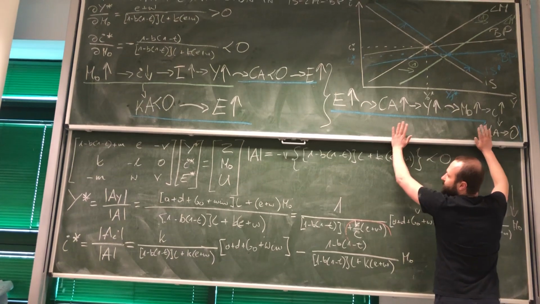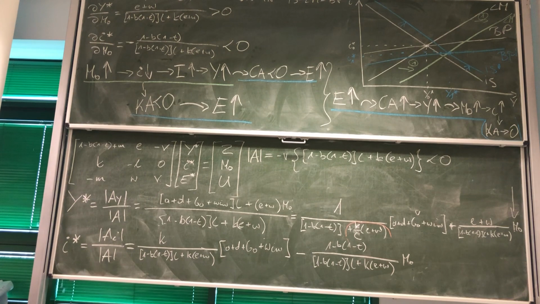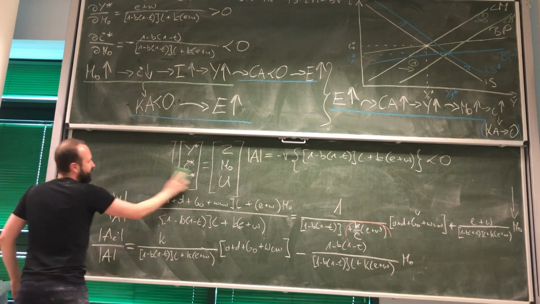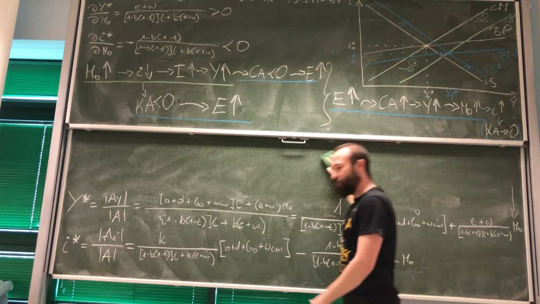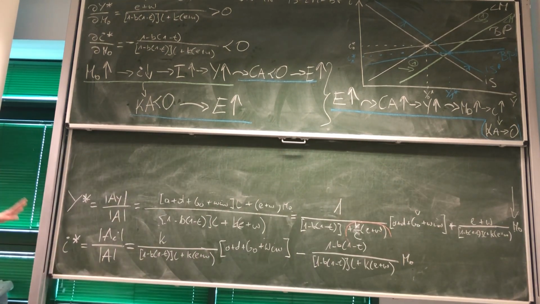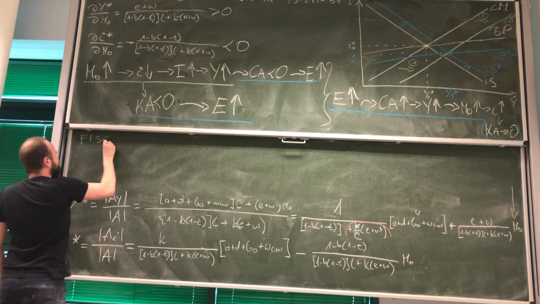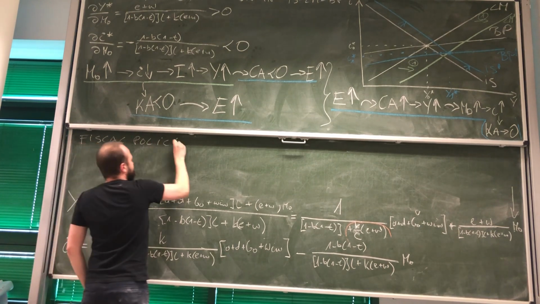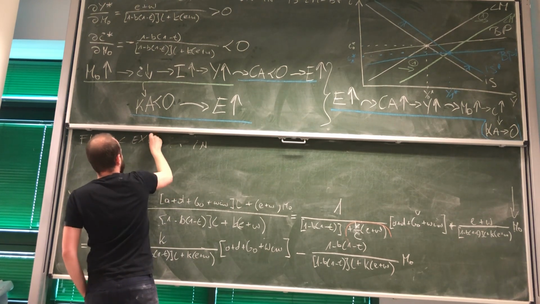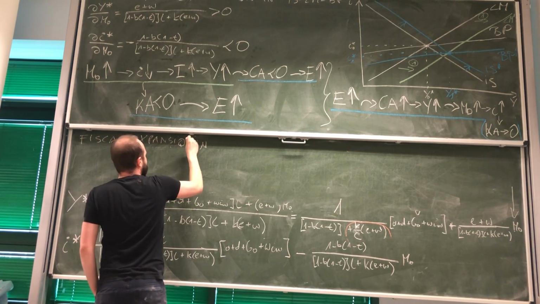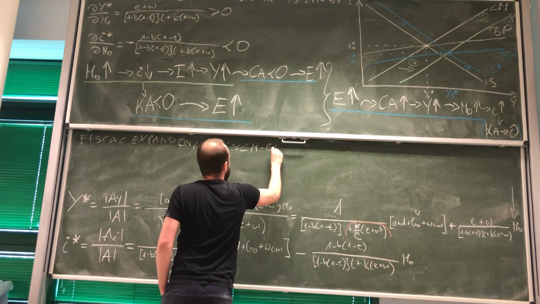Okay, so now that we understand how monetary policy works in an open economy, let's see about fiscal policy. Here the situation is slightly more complex, but just slightly. Okay, so now we've got fiscal policy and fiscal expansion in IS-LM-BP.